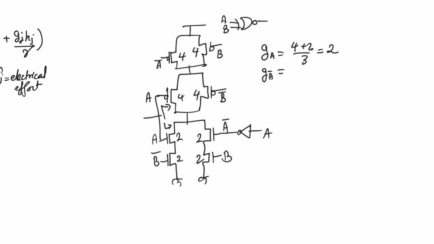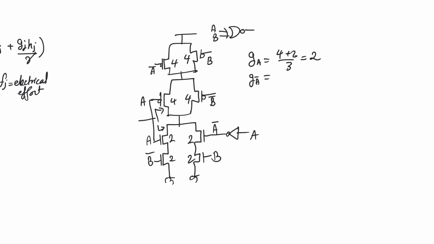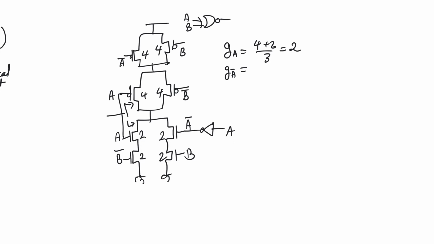Now this complicates matters a lot, and so we introduce two concepts that help us deal with this. First of all, something called G total, total logical effort. Total logical effort assumes that all the inputs of the gate are activated. Everything is shorted and everything is activated at once, meaning that we switch the entire input capacitance of the gate at once. And so in this case, we are going to switch everything we see at once, A and A bar, B and B bar.